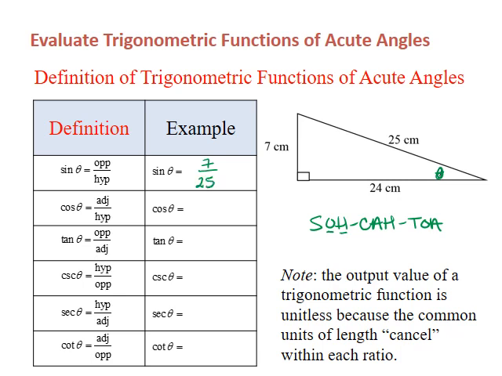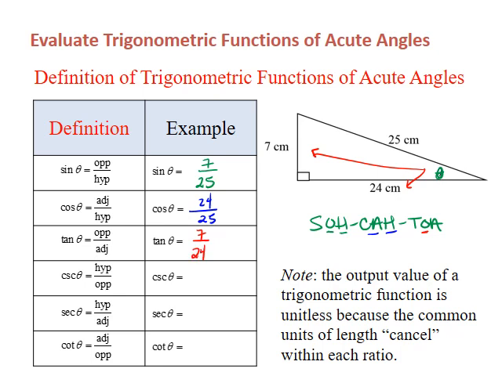I'm going to do the same type of thing for cosine. Cosine is the adjacent, which is 24, over the hypotenuse, which again is 25. If I want to find tangent of theta, I'm going to take the opposite side, which is 7, over the adjacent, which is 24.